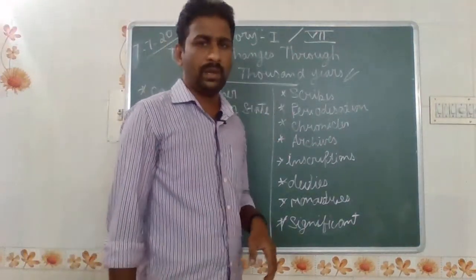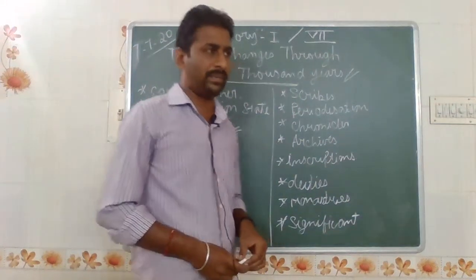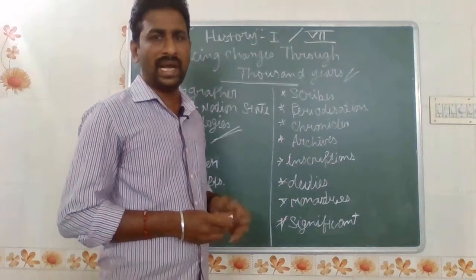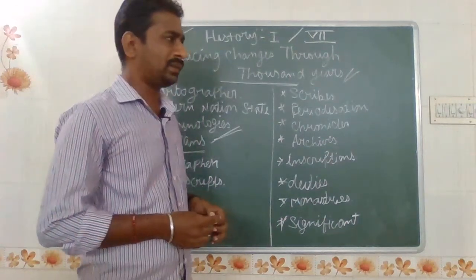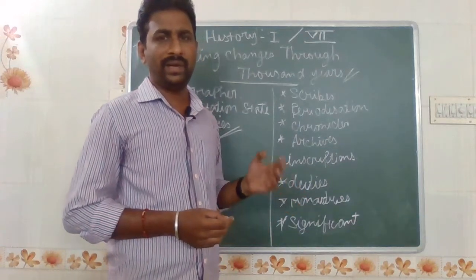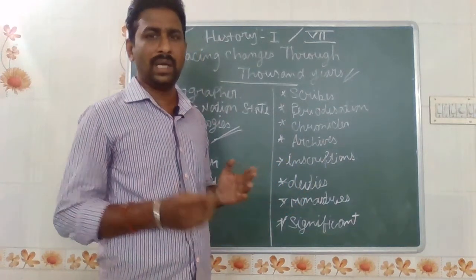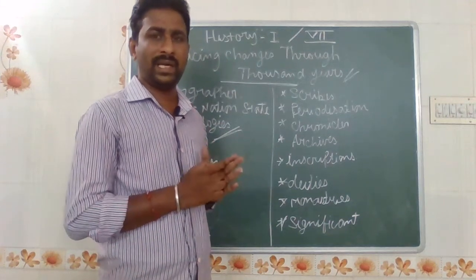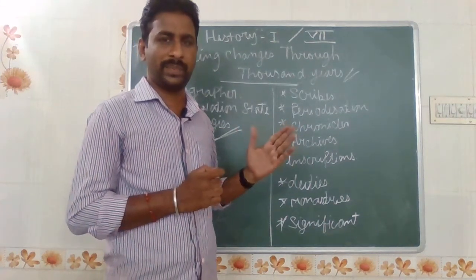And periodization. What do you mean by the term periodization? In an academic year, we divide into quarterly, half-yearly and annual. A quarterly period is 3 months, half-yearly is 6 months, and annual is 12 months.